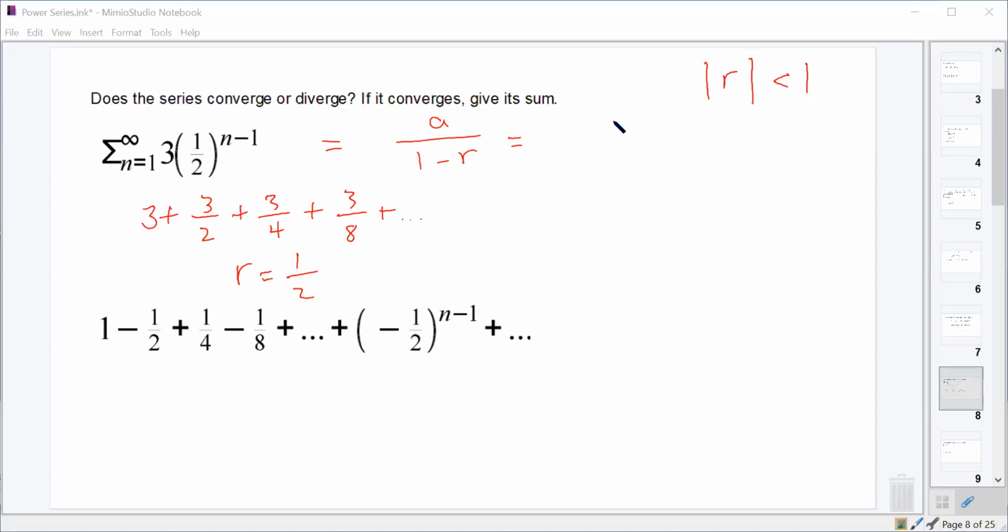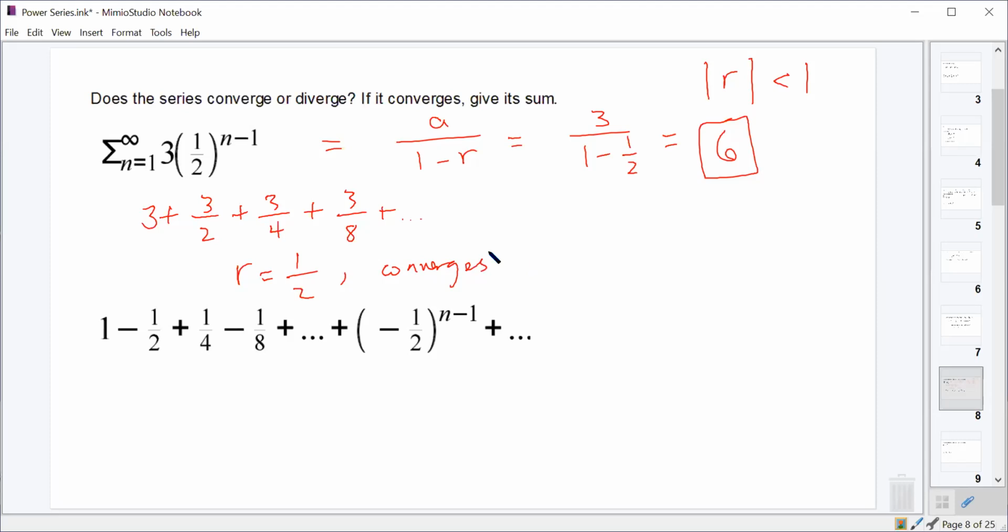Yeah, A is 3 in this case. A is the first term. So this is 3 divided by 1 minus a half, R, right, our common ratio of a half, which gives us 6.